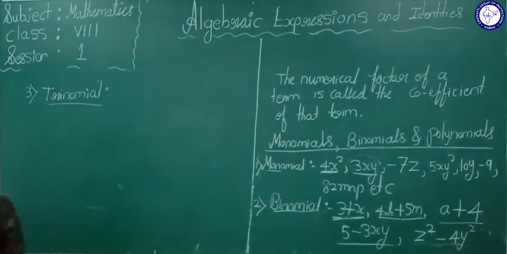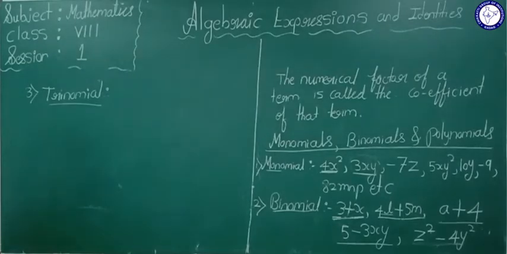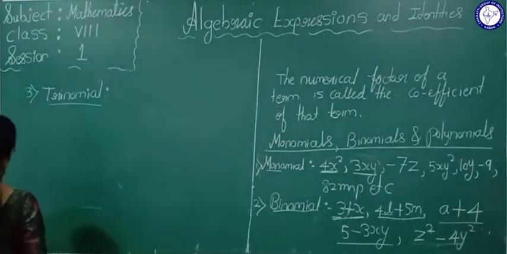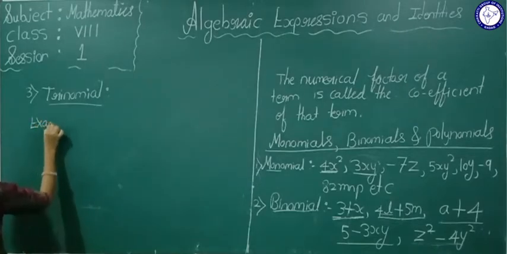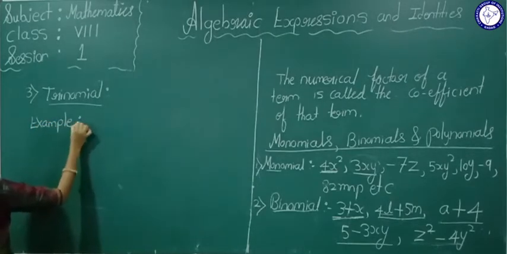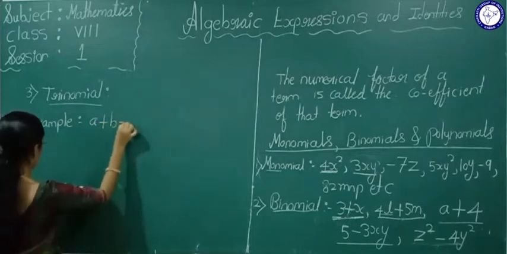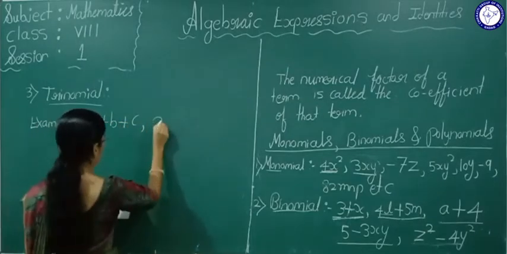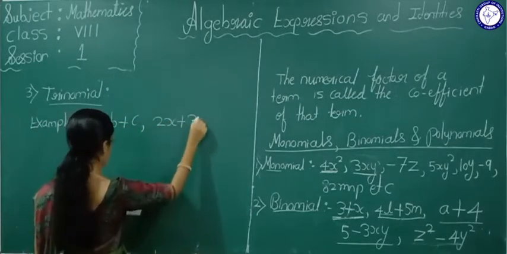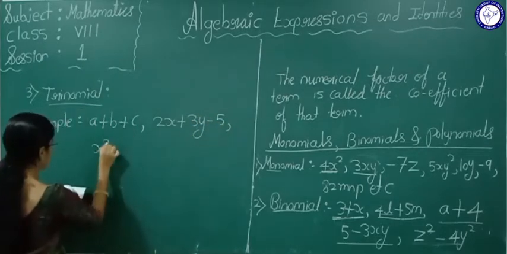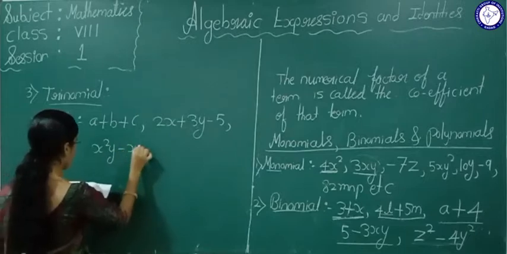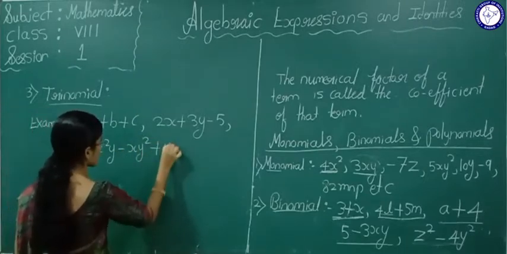Now we will see a few examples here. Example: a plus b plus c, 2x plus 3y minus 5, x square y minus xy square plus y square.